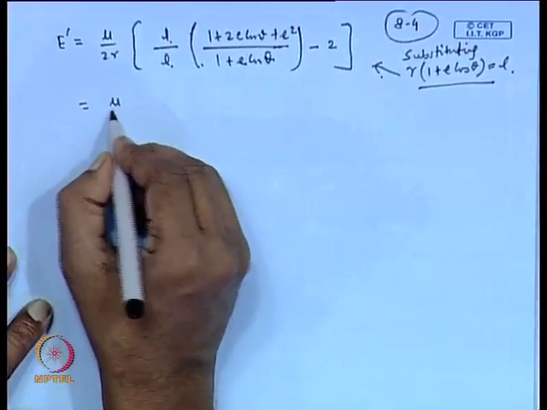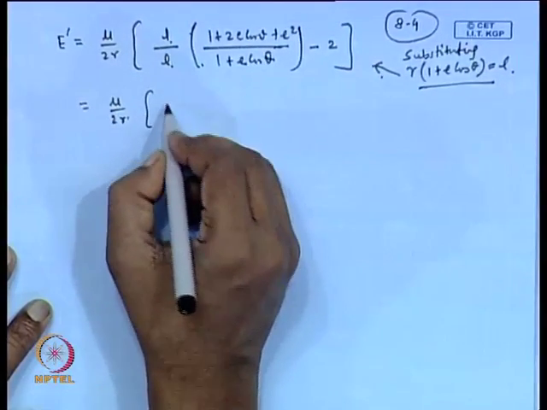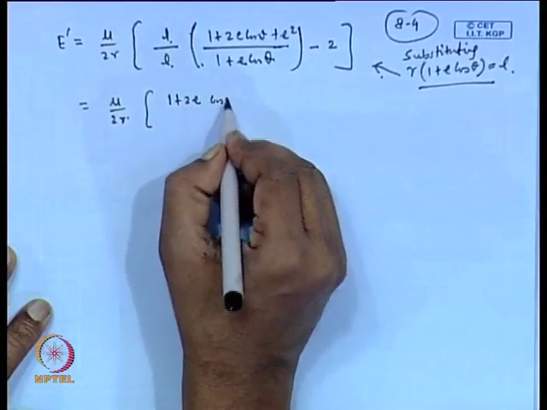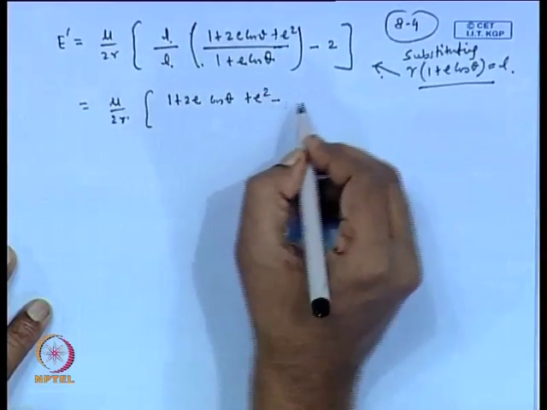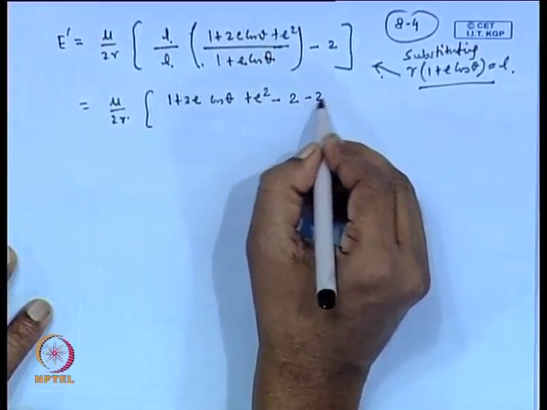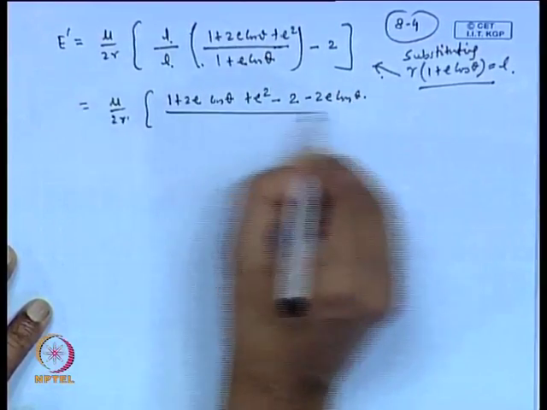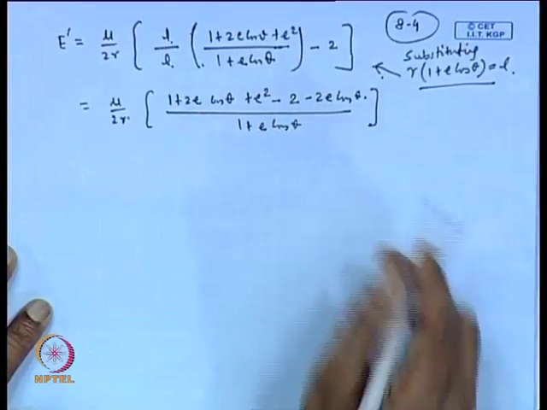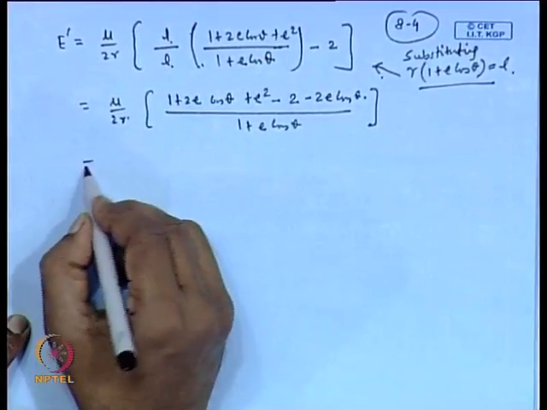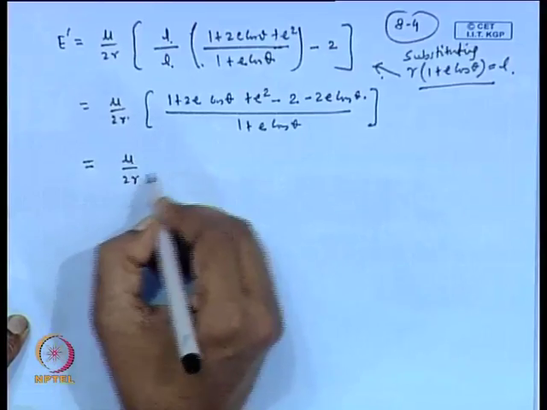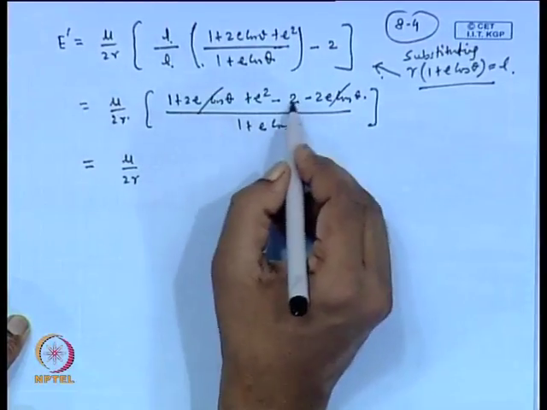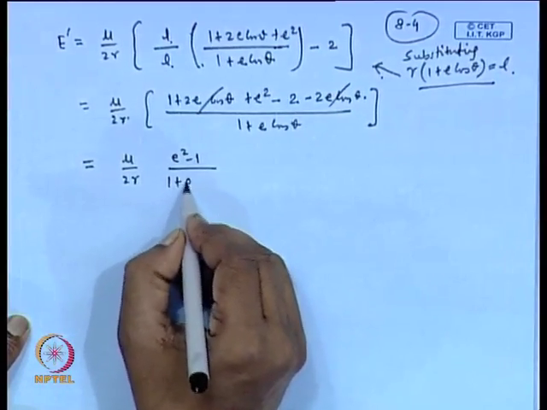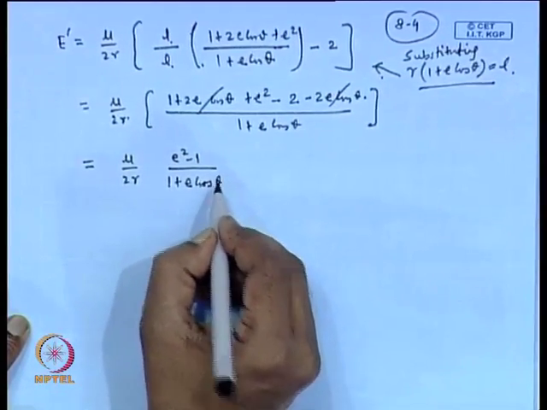So, this becomes mu by 2 r times (1 plus 2 e cos theta plus e square minus 2 minus 2 e cos theta) divided by (1 plus e cos theta). Okay. So, this is mu by 2 r times, this cancels out and we get here e square minus 1 divided by 1 plus e cos theta.